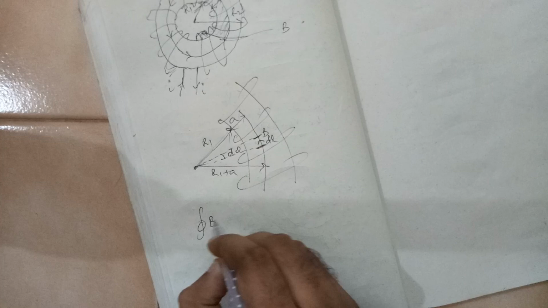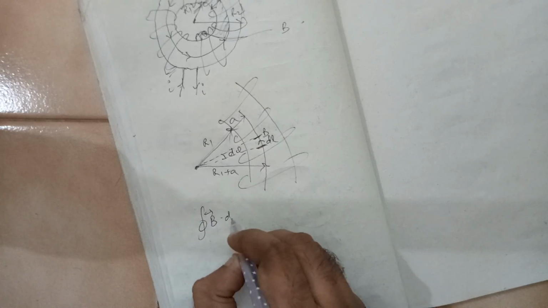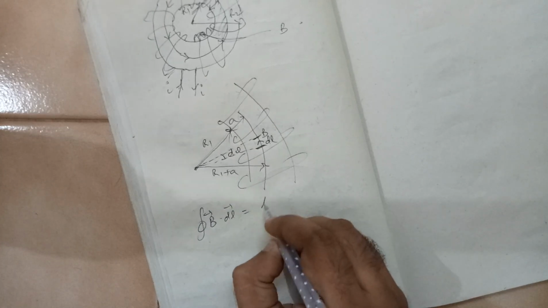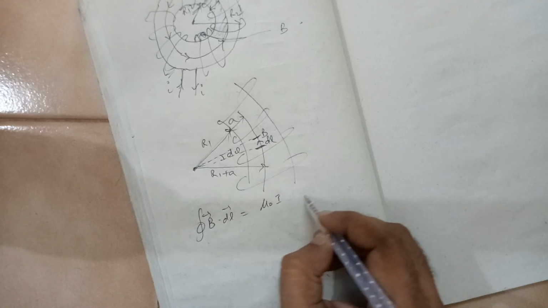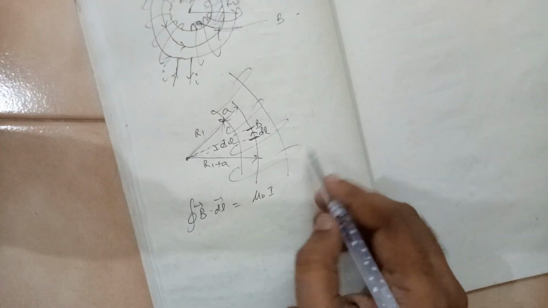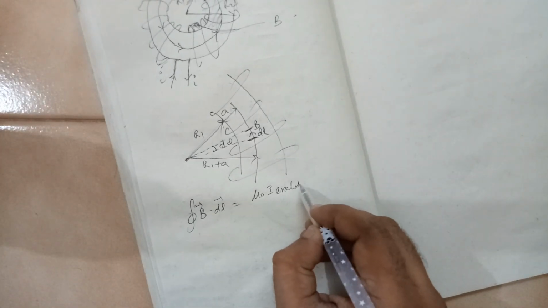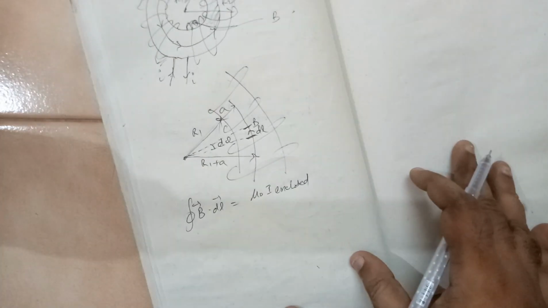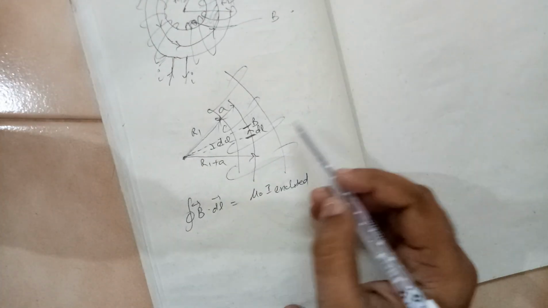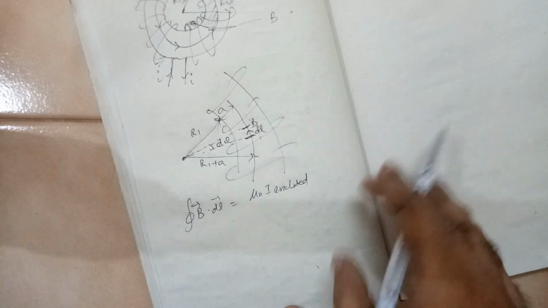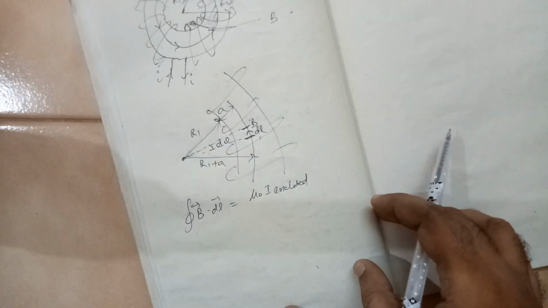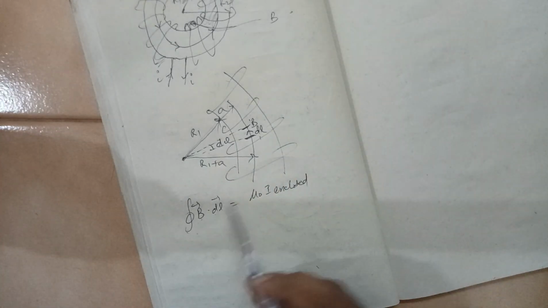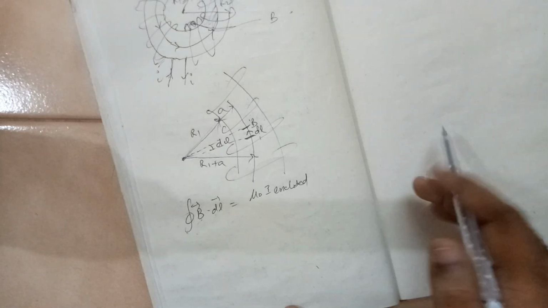Closed integral B dot dl is equal to mu naught into I enclosed. Now here B and dl are in the same direction, so the angle between them will be 0.